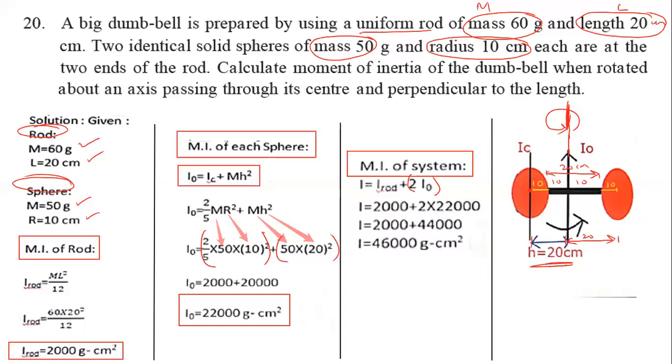Moment of inertia of the rod is 2000, and for one sphere it is 22,000. So both spheres, 2 into 22,000, is 44,000, plus the rod 2,000, gives 46,000. So the moment of inertia of this system is 46,000 gram centimeter square.